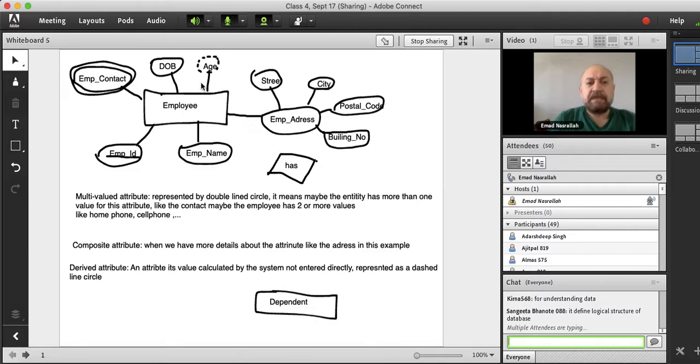So when they see a dashed attribute, they know they must let the system generate or calculate the value. And when they see double lines, they know this entity may have multi-valued attributes, so they build the system accordingly.